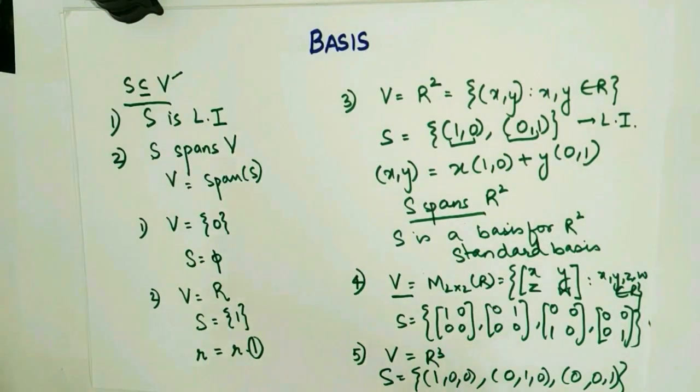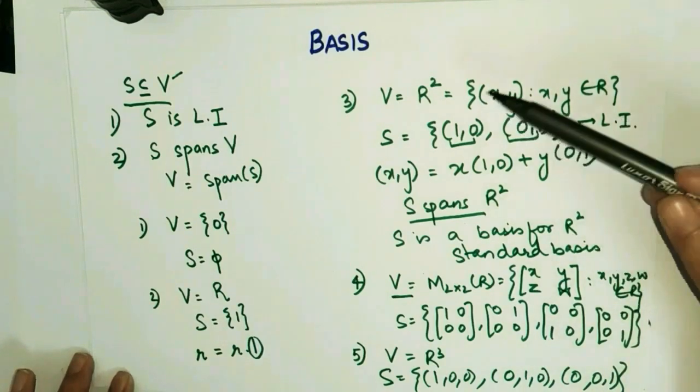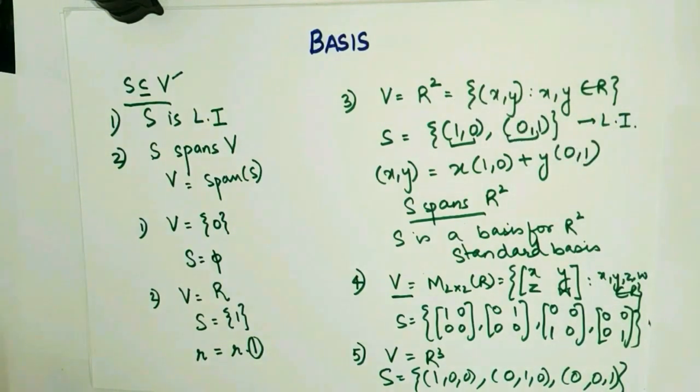Note, friends, that a basis need not be unique. These are only some examples that I have given you. If I take a look at R2, there may be other bases as well. For example, if I take my set S to be {(2, 0), (0, 2)}, then that will also be a basis for R2. So a basis need not be unique, but you have to note that the number of elements in each of the bases would be the same.